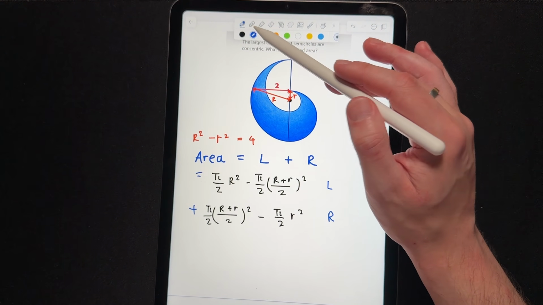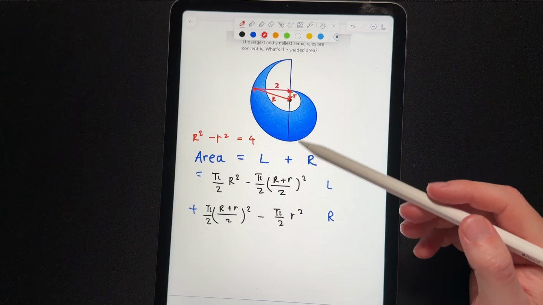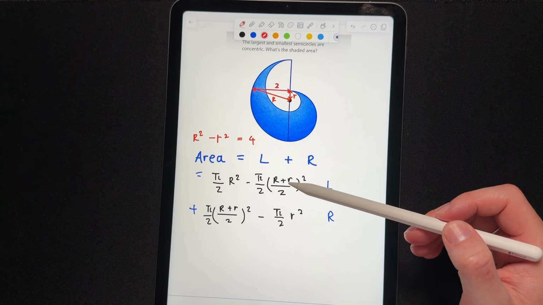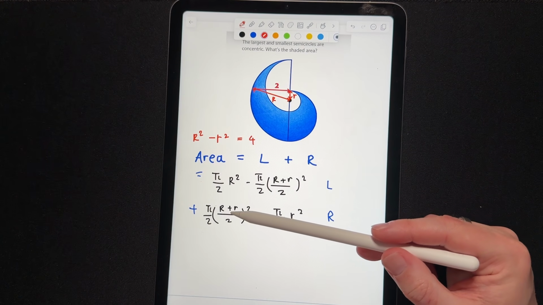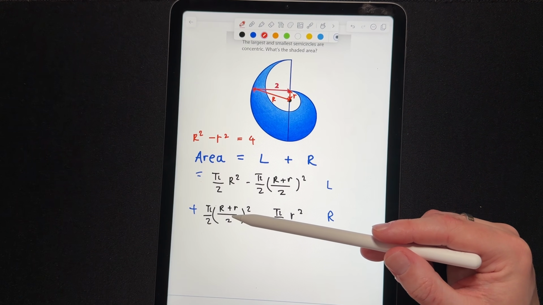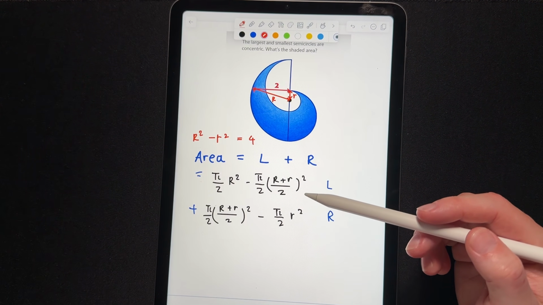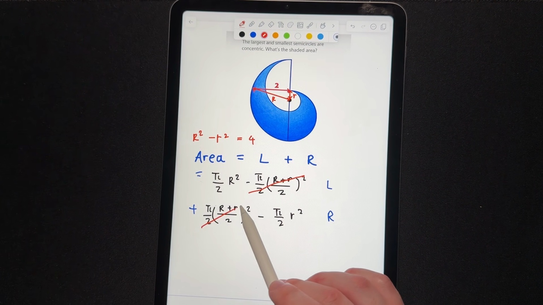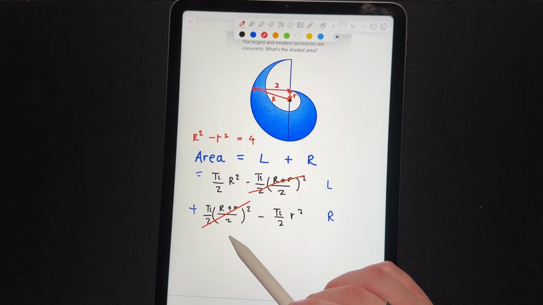Now before we add these together, there is one thing we can see. We have a negative pi over 2 capital R plus little r divided by 2 squared, and we have a positive pi over 2 big R plus little r divided by 2 all squared. So we can cancel that out because they're just the same except opposite signs.